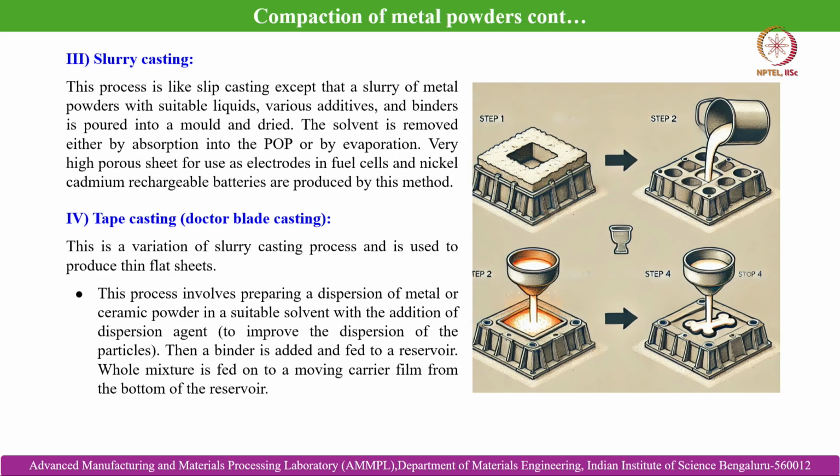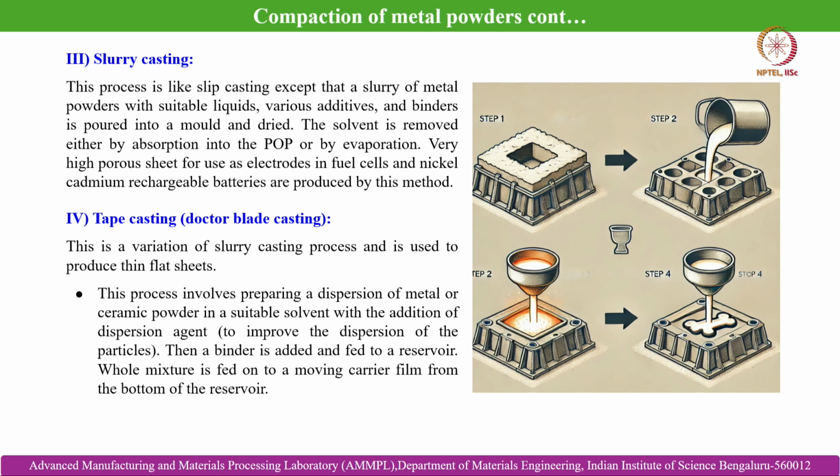Okay. So, similar to slip casting, another variant is slurry casting. This process is like slip casting, except that a slurry of metal powders with suitable liquids, various additives and binders is poured into a mold and then dried. So, the solvent is removed either by absorption into the POP or by evaporation.